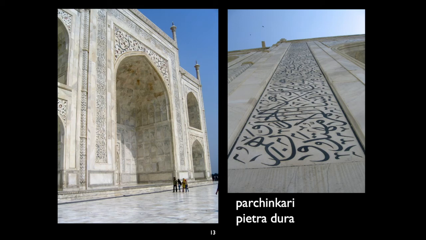To create this effect, someone had to carefully chisel out the marble and then chisel very precisely the exact shape in this stone and then lay it flat in the hole made in the marble. This is an incredible artistic achievement, and it was a skill that in Italy is called pietra dura. In India, it is called pachinkari.